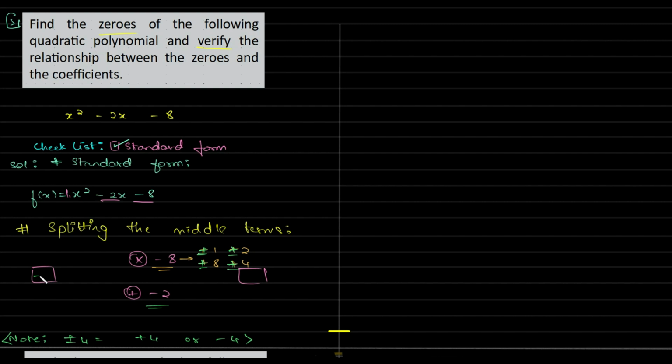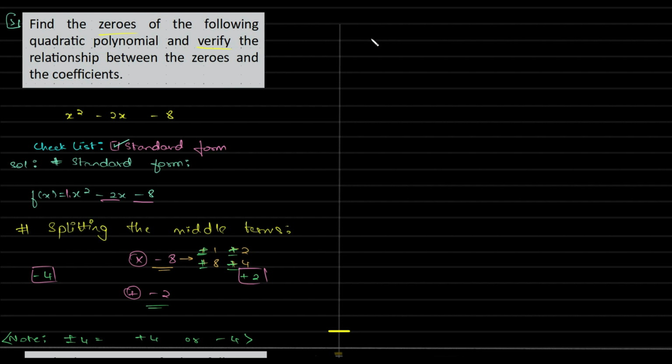We have plus or minus 4 and plus or minus 2. Minus 4 and plus 2 will help us get minus 8 as the product and minus 2 as the sum. 4 and 2 is the only way we can get 2 by subtracting, but since we want minus 2, we take minus 4 and plus 2. This results in a subtraction wherein the bigger number has the negative sign.